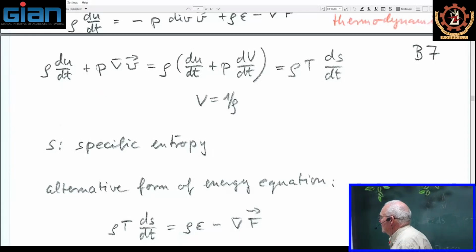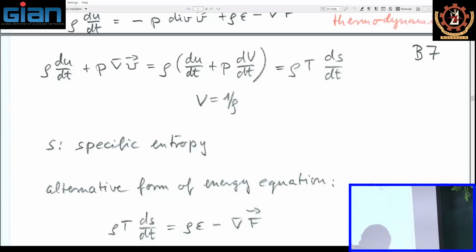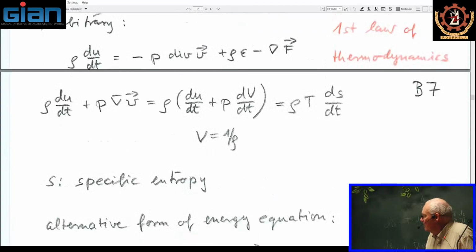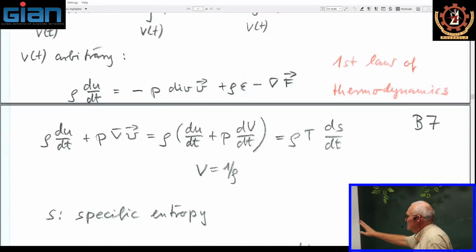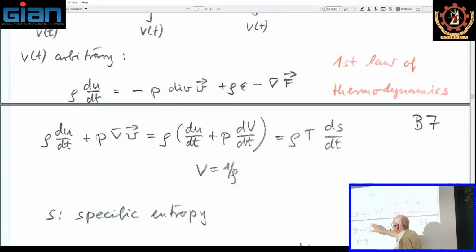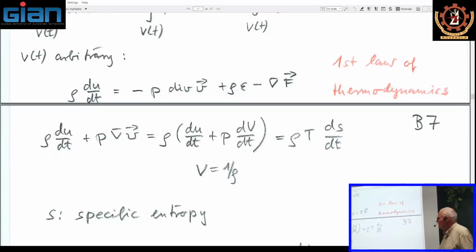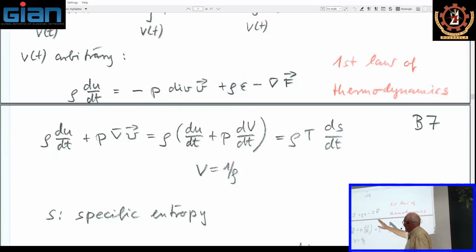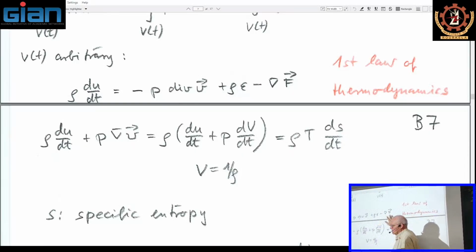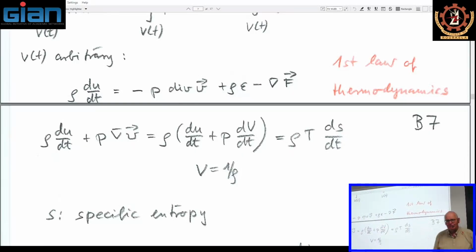If we now replace this left-hand side by rho times T ds by dt and go back to the upper form of the first law of thermodynamics, rho times T times ds by dt is then given by this term, which changes the heat content of our mass element, given by the energy generation and the divergence of the heat flux.